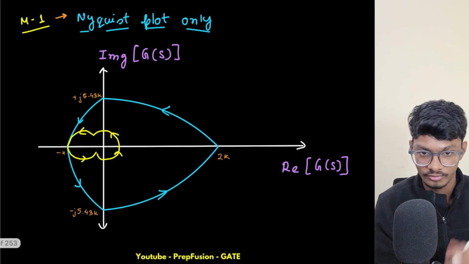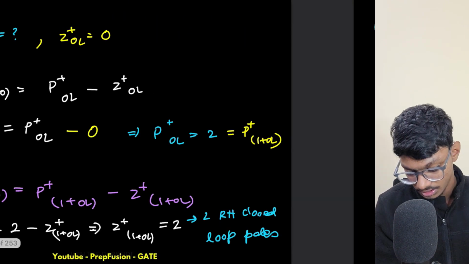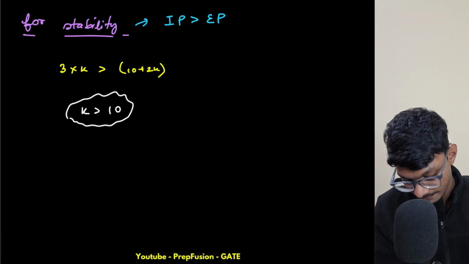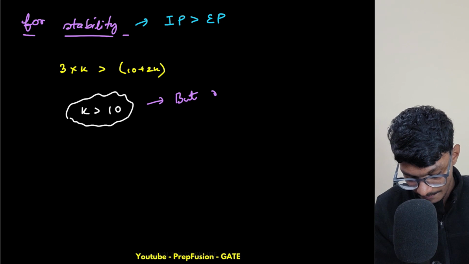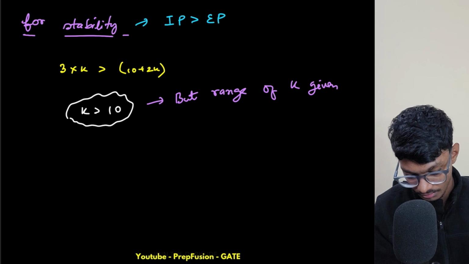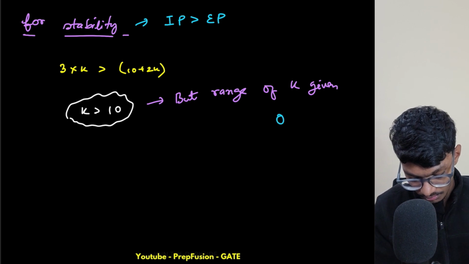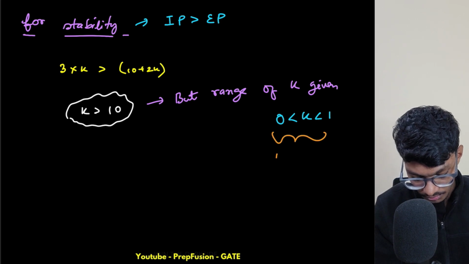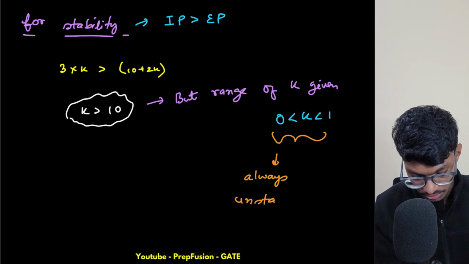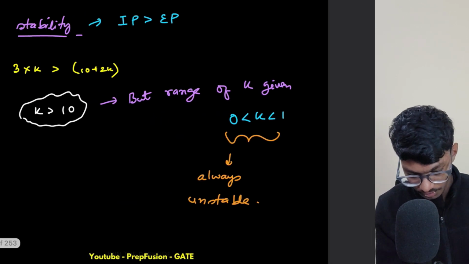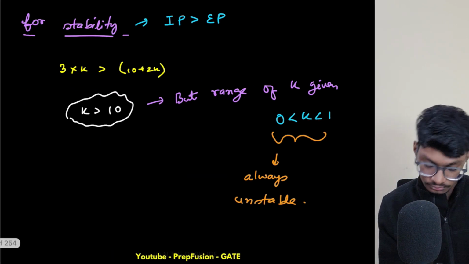So how many poles, that we have to find with the Routh array table. Always unstable.